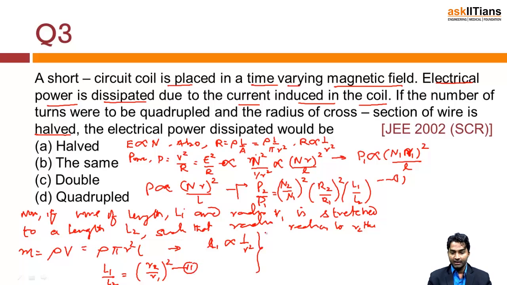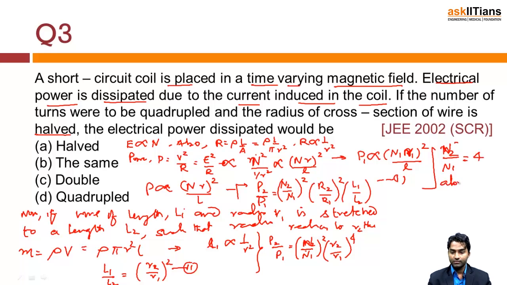Finally, when we put equation 1 and equation 2, we get power P2 upon power P1 is equal to N2 upon N1 whole square, and the radius relation R2 upon R1 to the power 4. It is given that the number of turns will be quadrupled, so N2 by N1 is equal to 4 times.